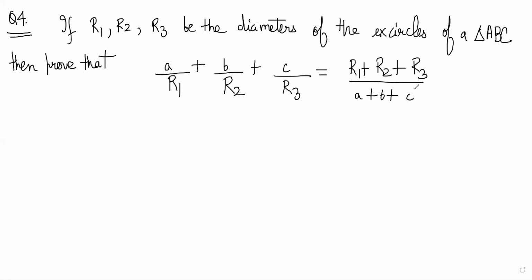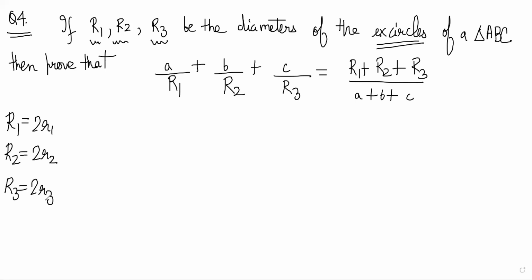Okay. Diameters of the ex-circles, right? So technically this R1 and R2 and R3 are twice the radius of the ex-circles, right? Yes. So what is R1? R1 is just 2 times r1, R2 is 2 times r2 and R3 is 2 times r3, right? Yes, sir.